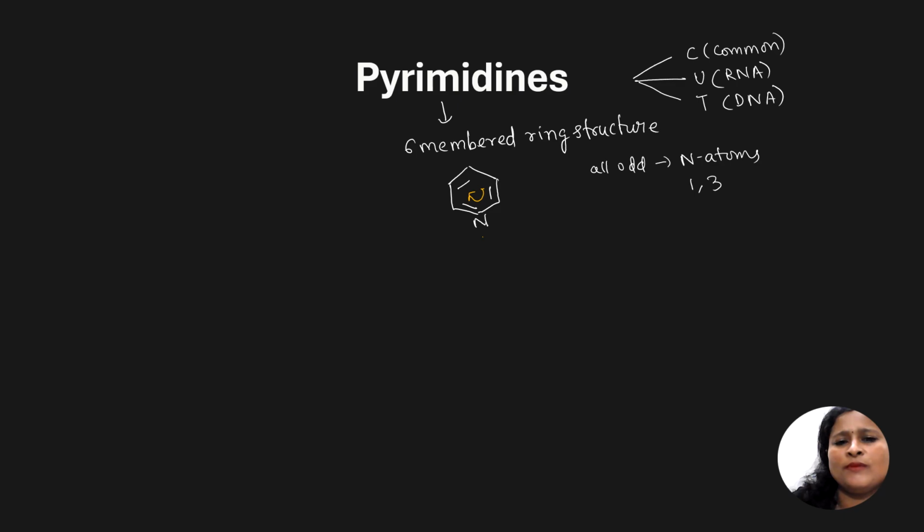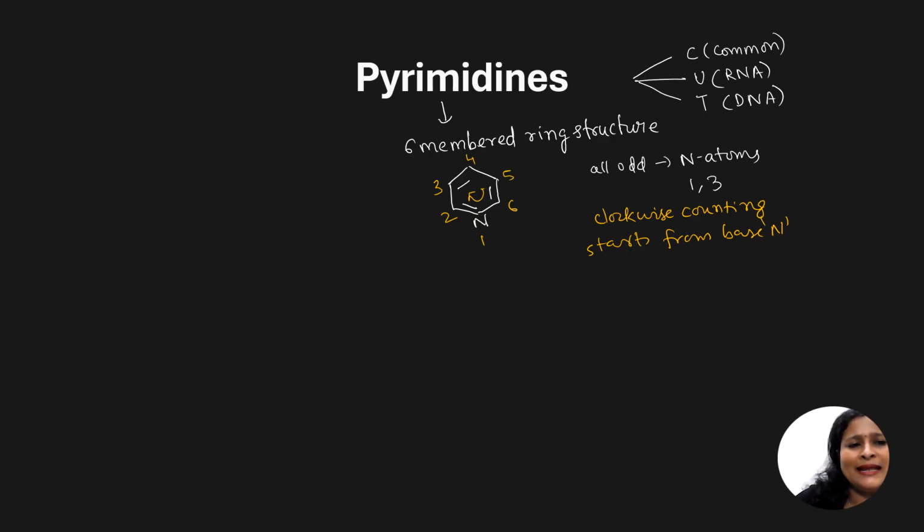So this is number 1, 2, 3, 4, 5 and 6. This is the fundamental you need to remember. The rest you can easily make. So let's start by making the structure of uracil first. That's very easy. Make the core structure.